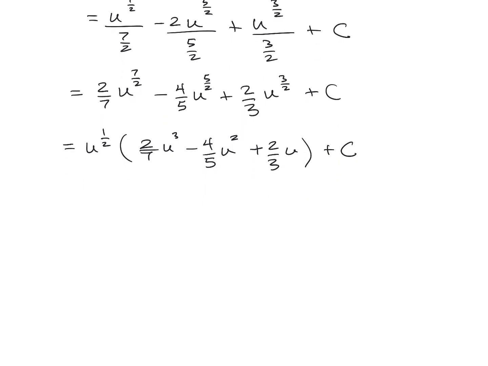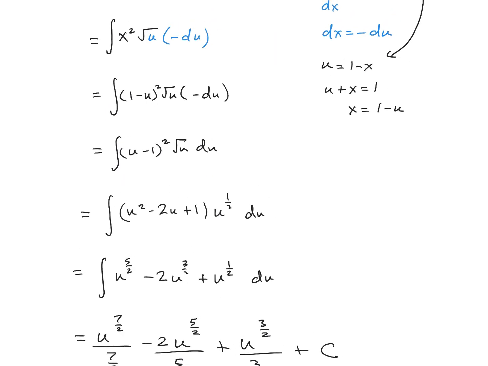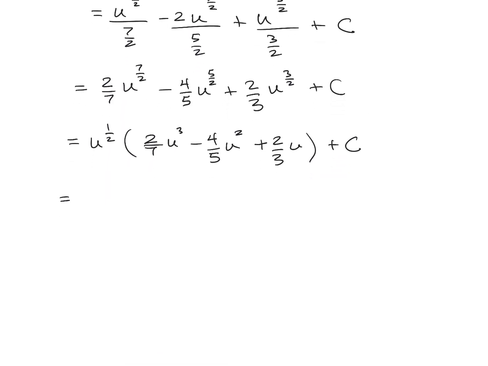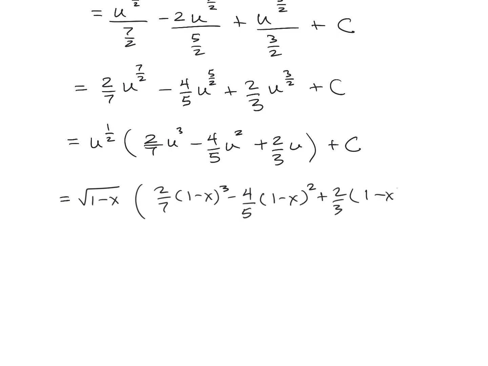Next thing you can do is replace u. Remember, u this whole time was 1 minus x. So this is going to be the square root of 1 minus x times the polynomial 2/7 (1 minus x) cubed, minus 4/5 (1 minus x) squared, plus 2/3 (1 minus x) to the first power, plus c.